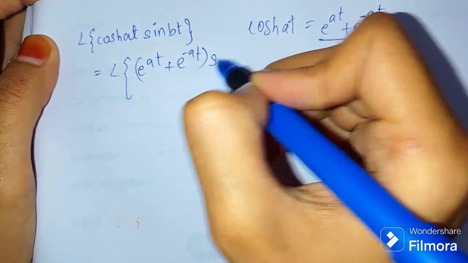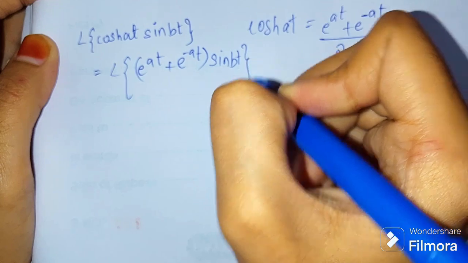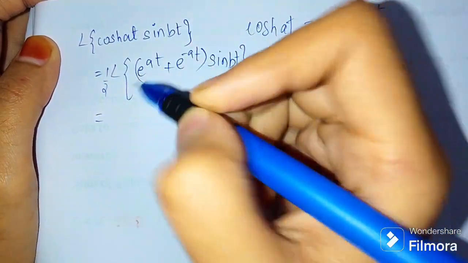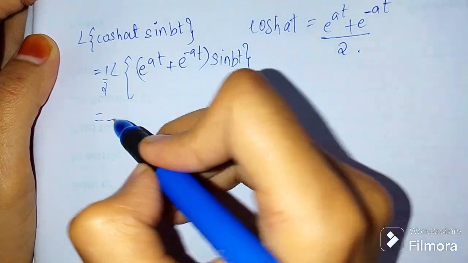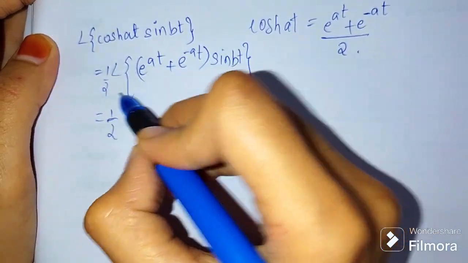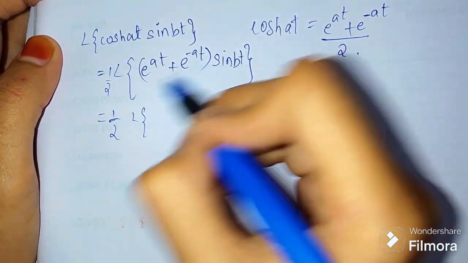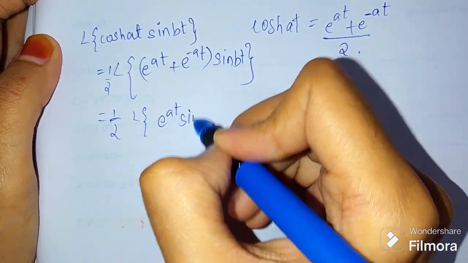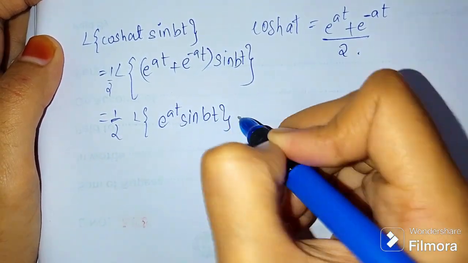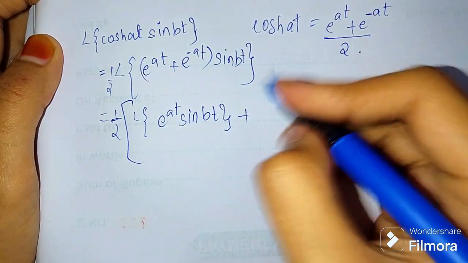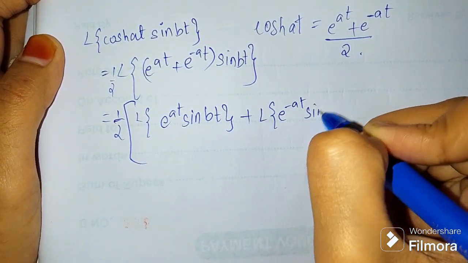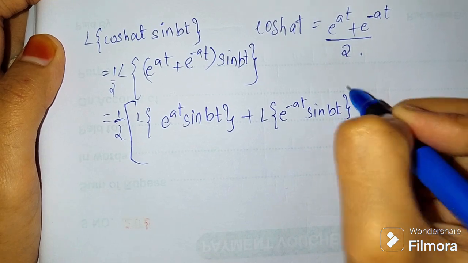Instead of writing by 2 here, I am writing 1 by 2 outside. So 1 by 2 Laplace of, by which property? By linear property, we are dividing it like this. This 1 by 2 is for the whole thing. So this is by linear property, next by first shift property.